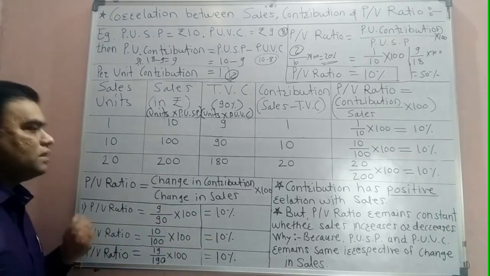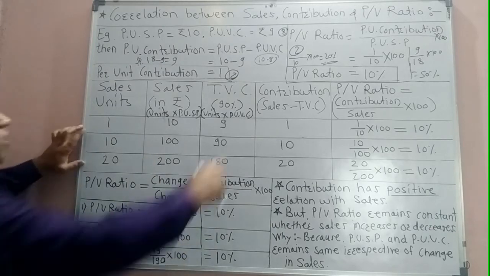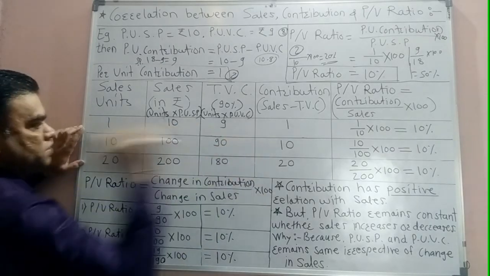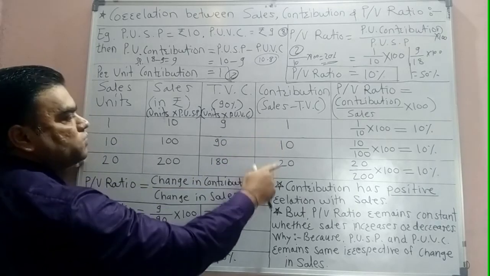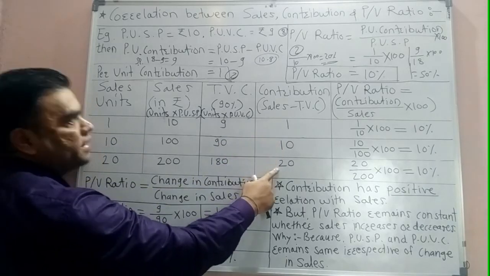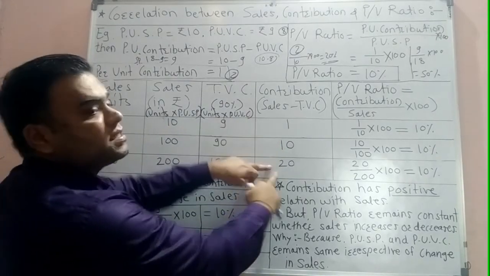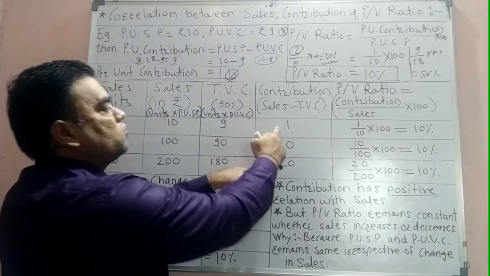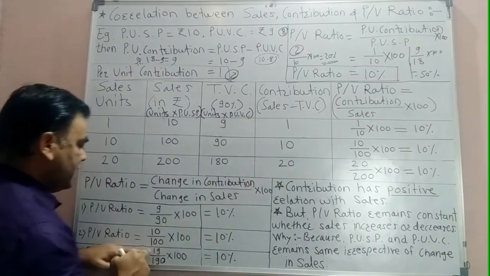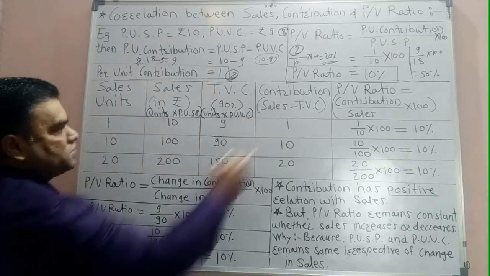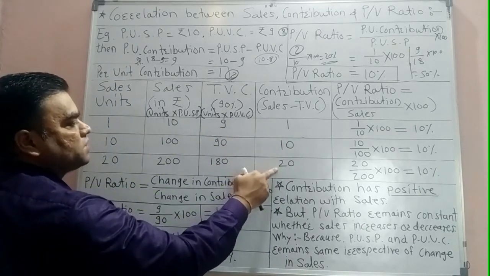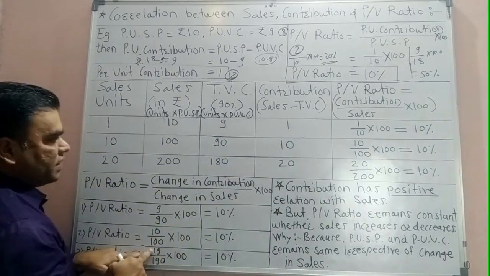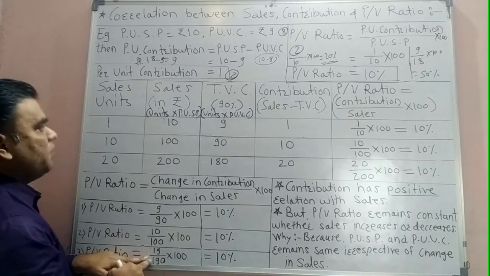Now we are considering third change from first stage to third stage. Our contribution was 1, which was increased to 20. It is increased by rupees 19. So contribution is changed by rupees 19. That's why we have taken 19.